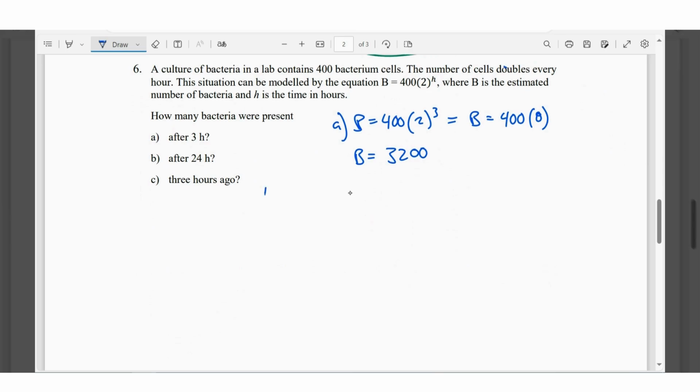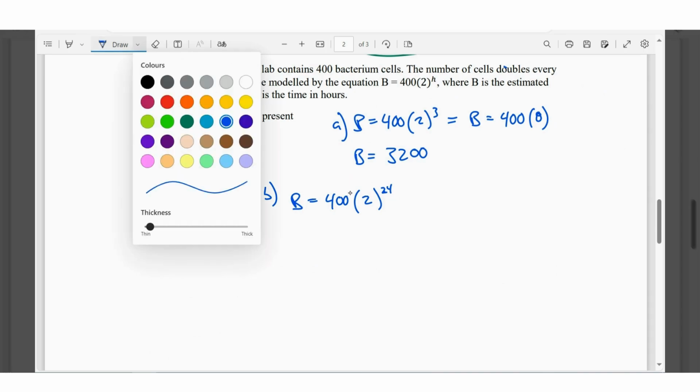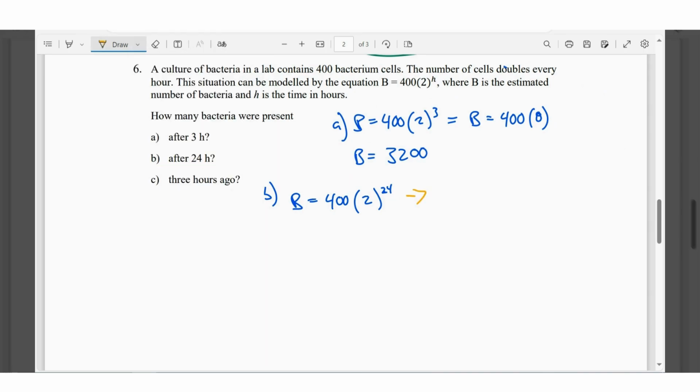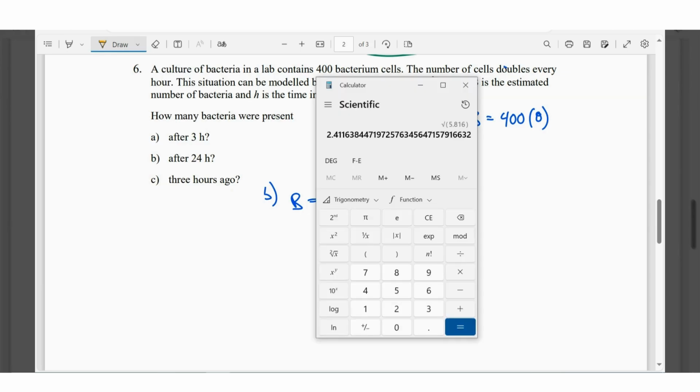Let's do B. This is going to be much more. Now we have the number of bacteria equals 400 times 2 to the power of 24. 2 to the power of 24 is much bigger than 2 to the power of 3, and we're going to end up with a much bigger number. So let's see. 2 to the power of 24 equals, there you go, 16,777,216 times our 400 bacteria.